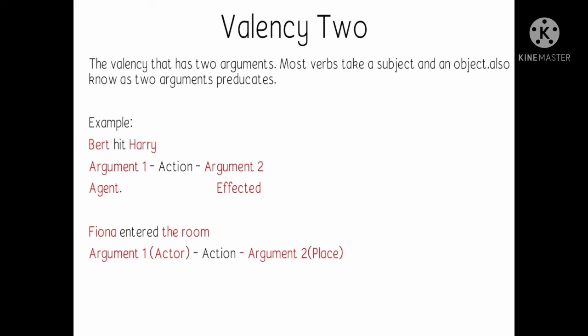Contohnya, Bird hit Harry. Bird sebagai argumen 1 atau bisa disebut dengan agent atau pelaku yang mempengaruhi entitas lain. Sedangkan hit sebagai action dan Harry sebagai argumen 2 atau affected, atau bisa disebut juga yang dipengaruhi oleh action.